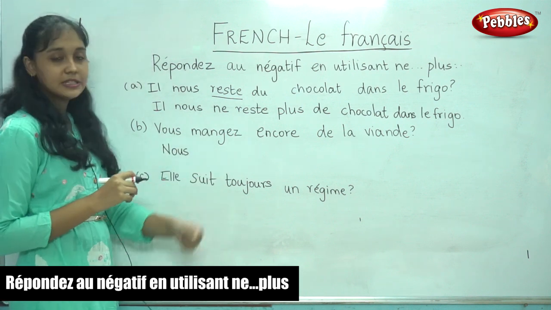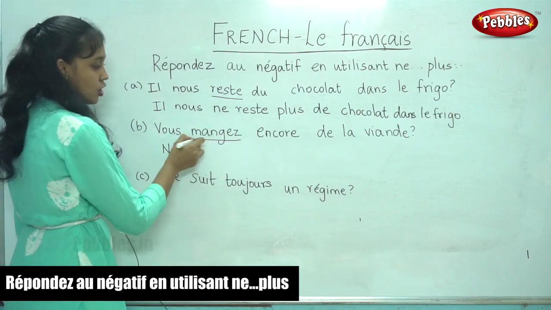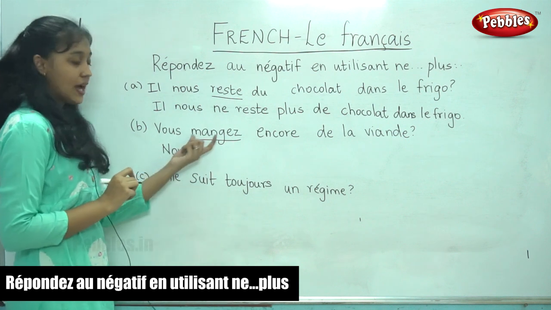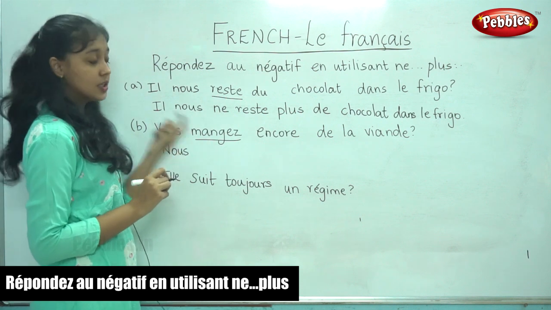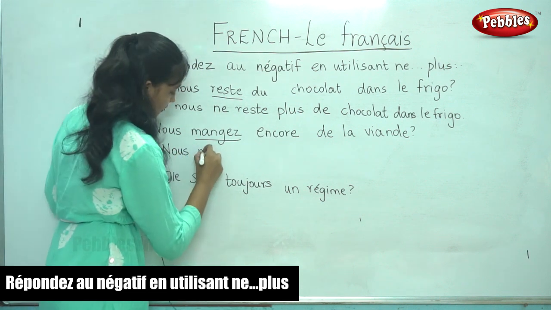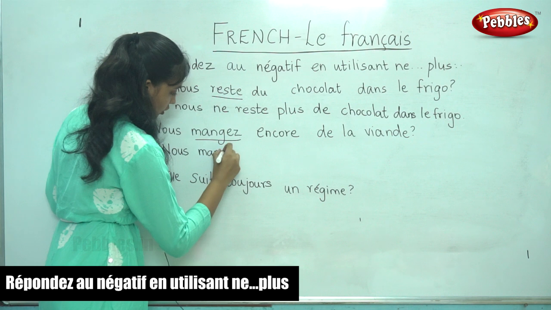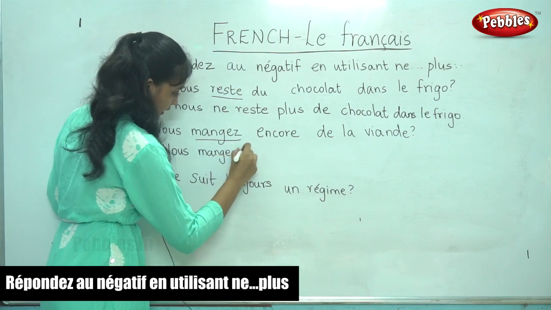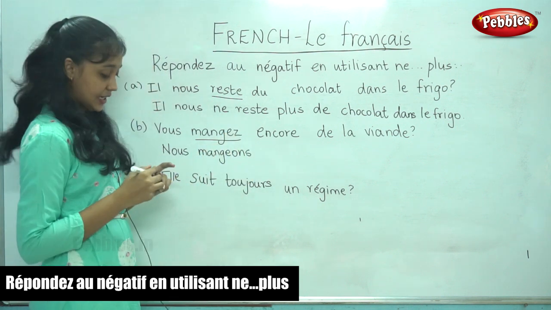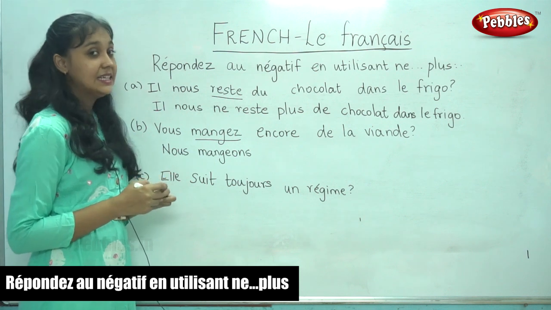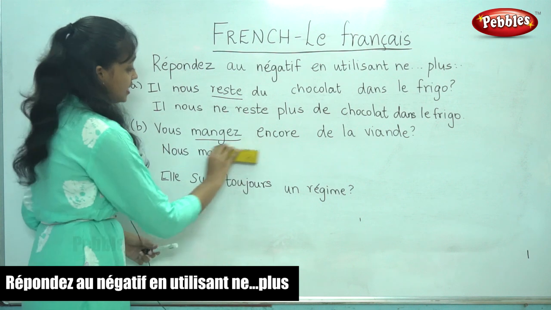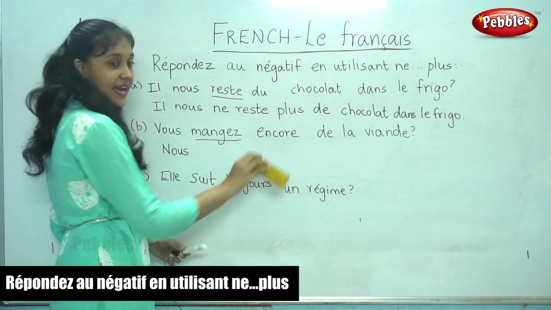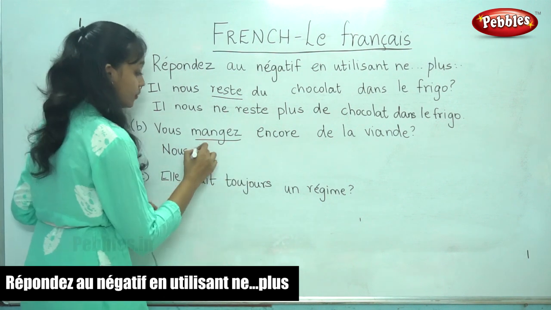And what is our verb in this sentence? It is manger. So we have to conjugate it accordingly, right? So for nous, the conjugation of manger becomes mangeons. Right? And now we have to answer it in the negative. So this is our verb. So we have to write ne before the verb and plus after the verb.